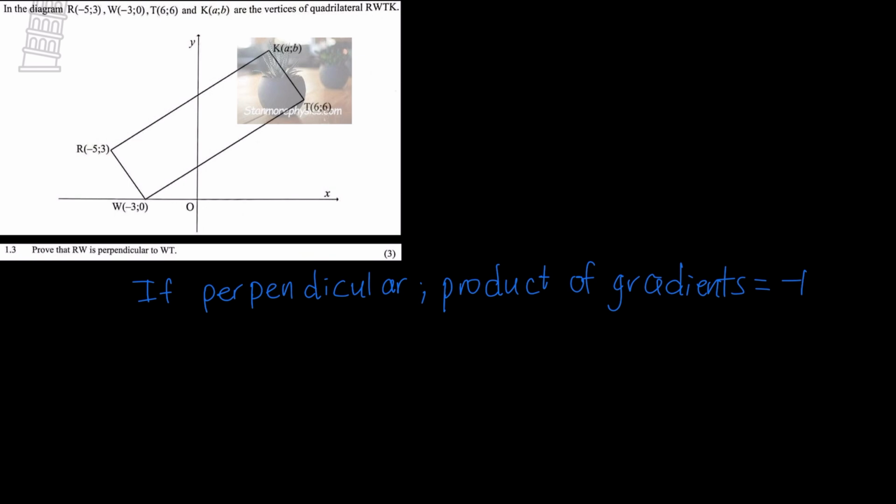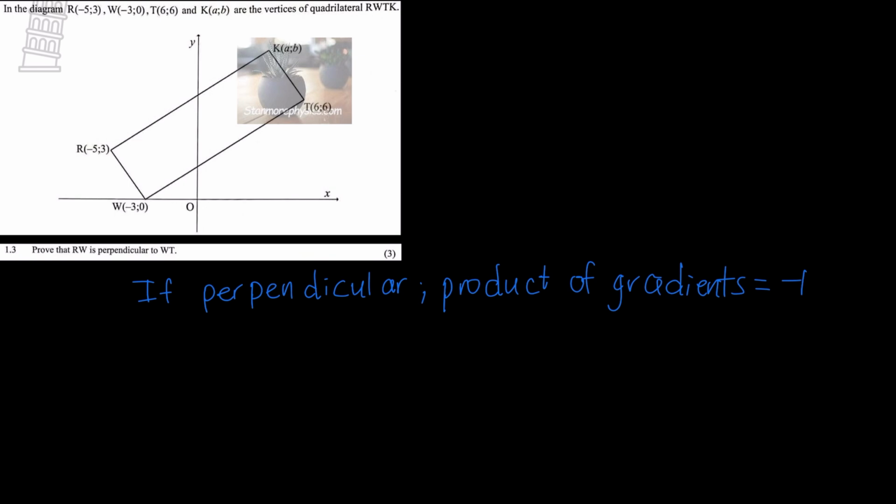Question 1.3, prove that RW, so the line RW, is perpendicular to WT. So perpendicular means that those two lines meet at 90 degrees. Now, if two lines are perpendicular, the product of their gradients is minus 1. We know the gradient for WT.